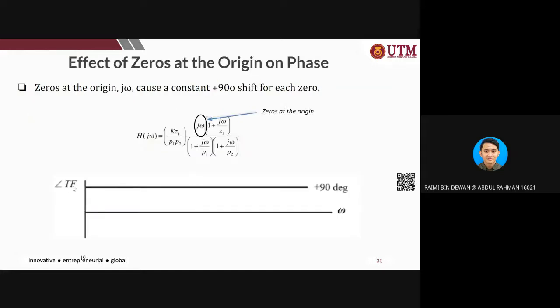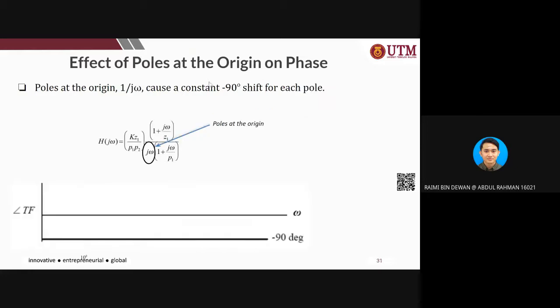So here is the plot of the angle of the transfer function over omega, which is plus 90 degrees if you have zeros at the origin. Next is poles at the origin. If it's a pole at the origin, it is the converse, which is negative 90 degrees. However, it's the same as zeros at the origin, a straight line passing through the entire frequency range.